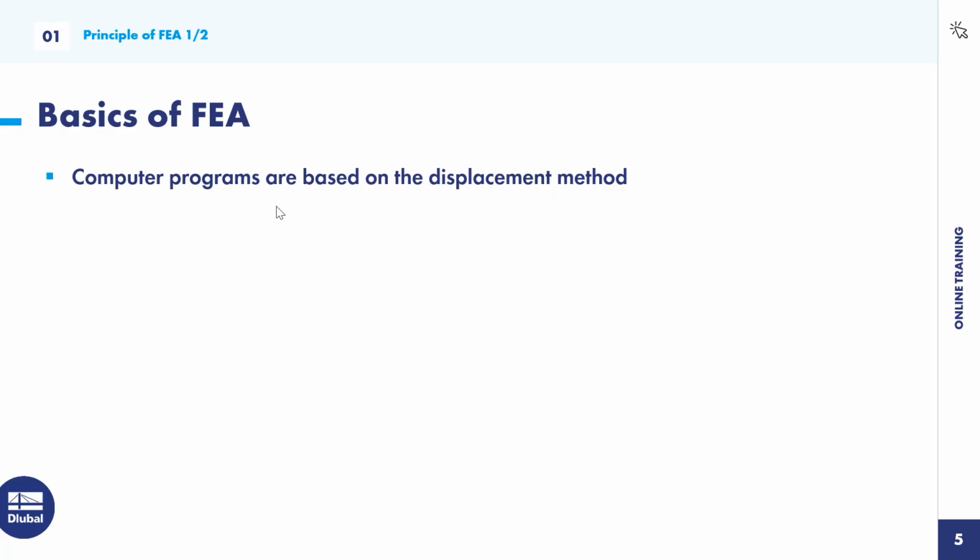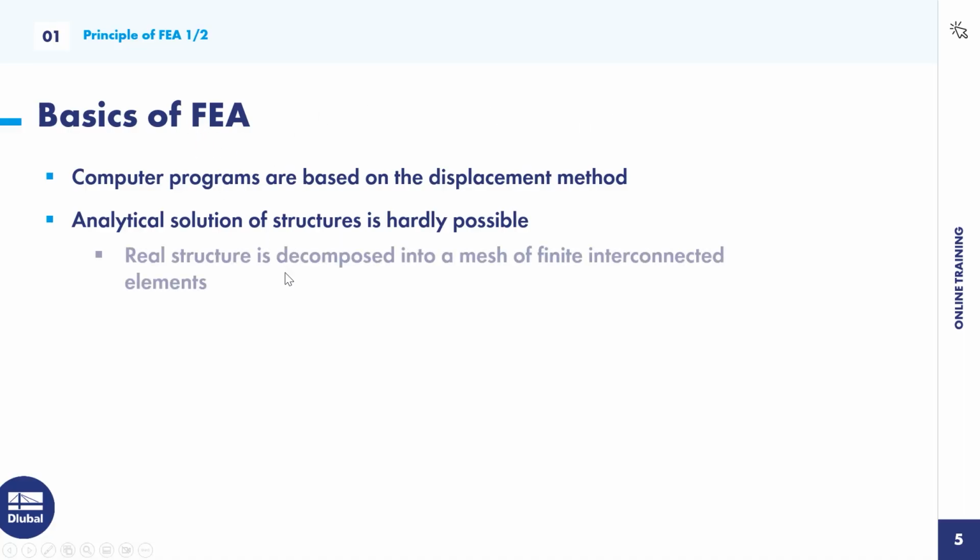In general, the finite element analysis is used when an analytical solution of the structure is hardly possible. That means we can't just create a function for, let's say, an 8-story building, which gives us the exact solution for every force we have there. Instead, we will take the help of the finite elements. And that's what we do with the finite element analysis.